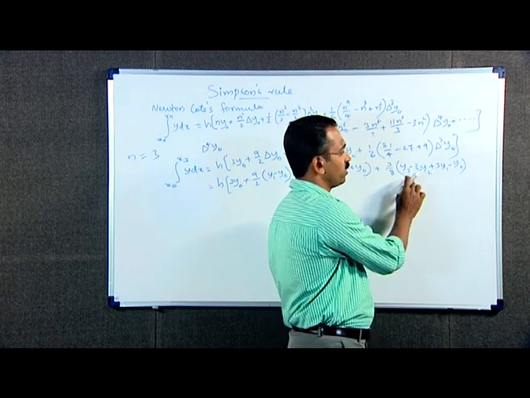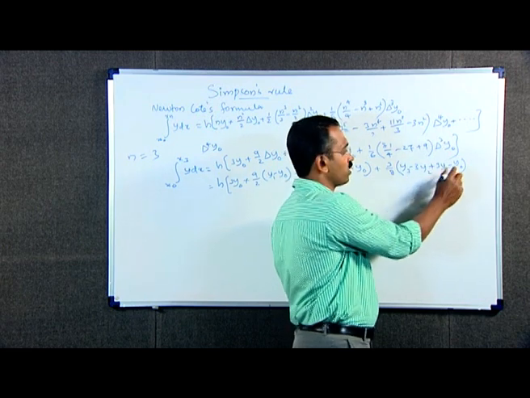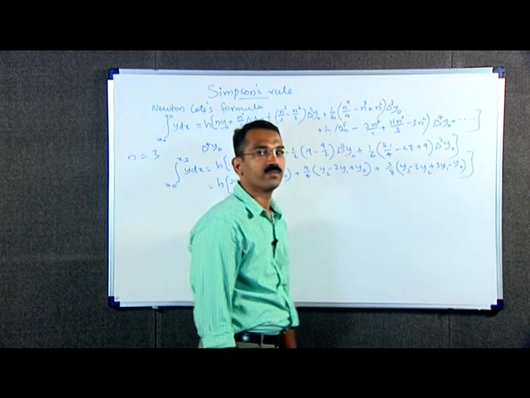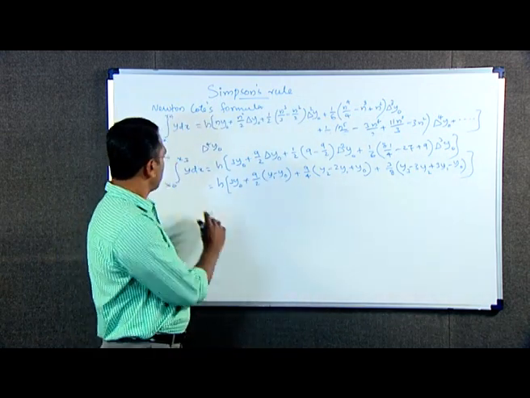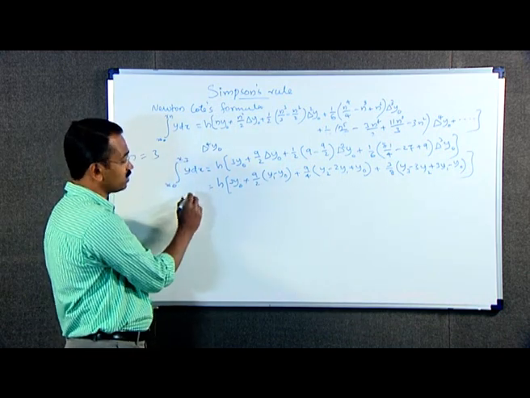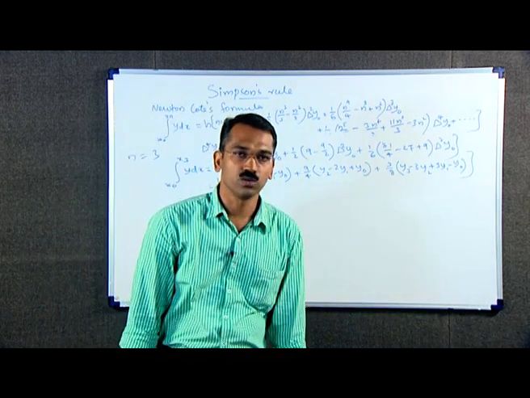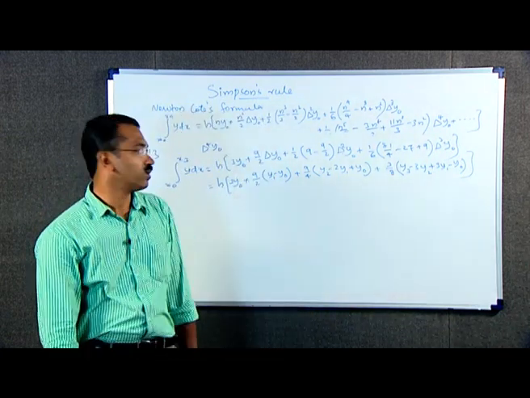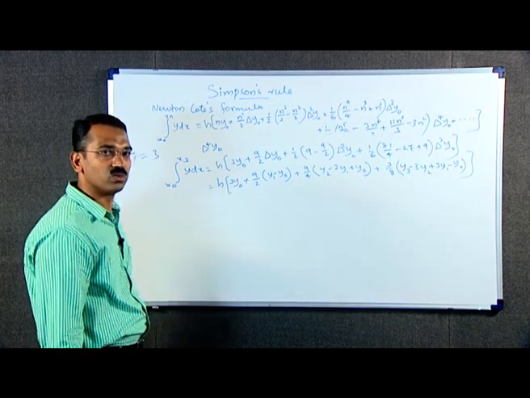Therefore, delta cube y naught is y3 minus 3 y2 plus 3 y1 minus y naught. This is the Simpson's 3/8 rule of integration.